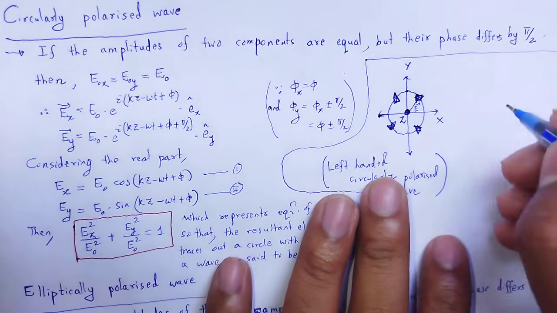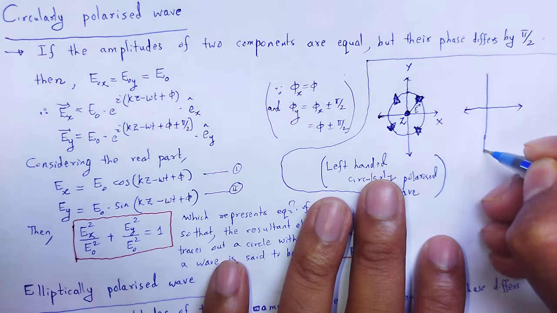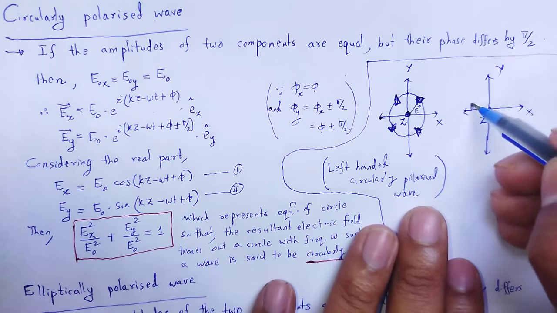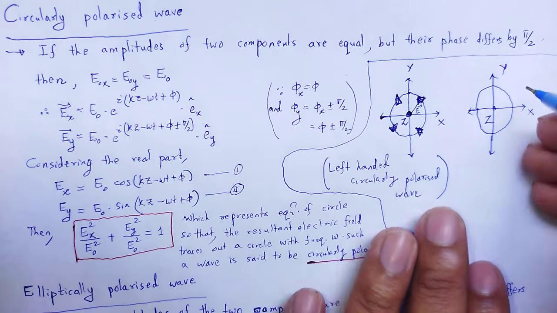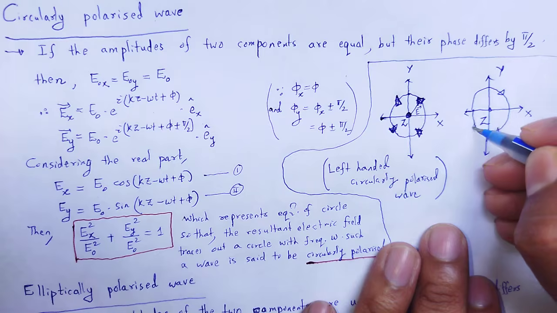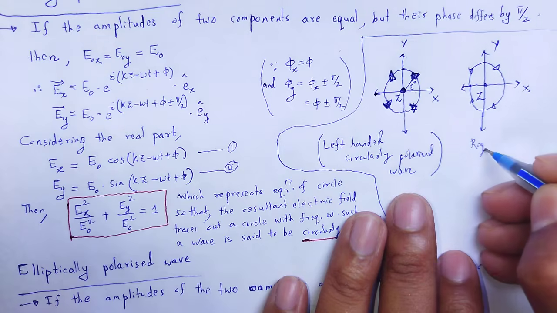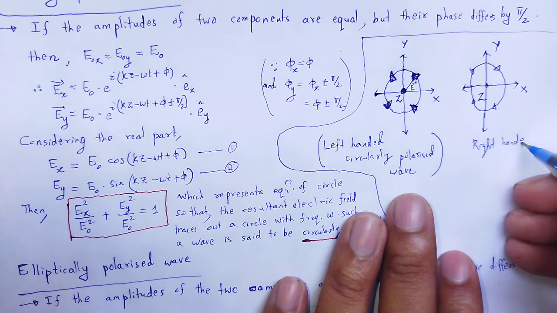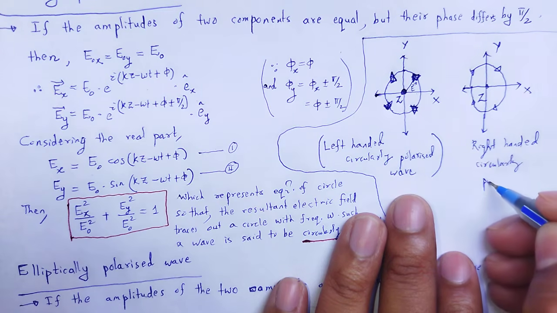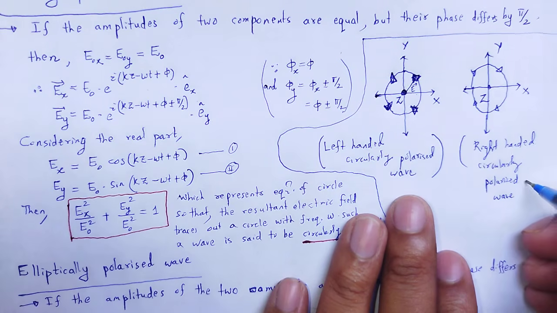On the same one, when we take x, y, z, that is in clockwise direction, then it is called right-handed circularly polarized, right-handed circularly polarized wave.